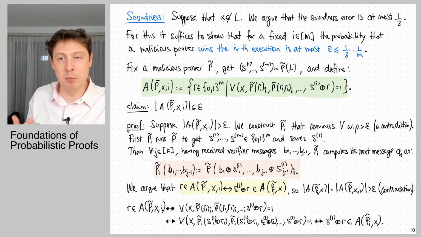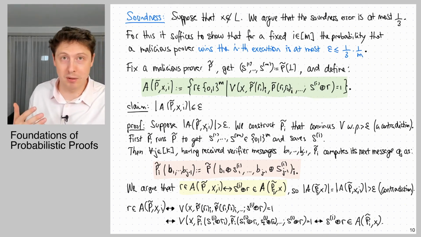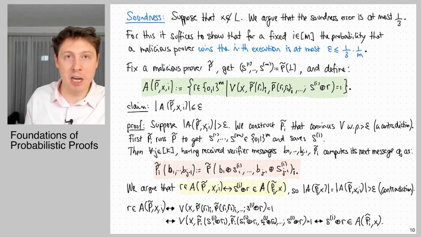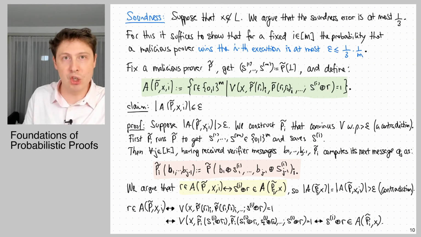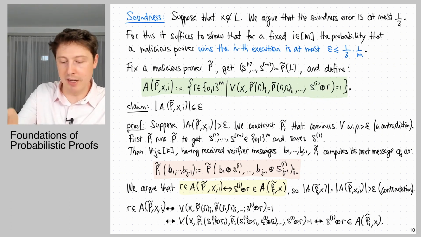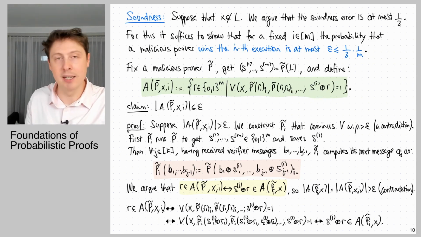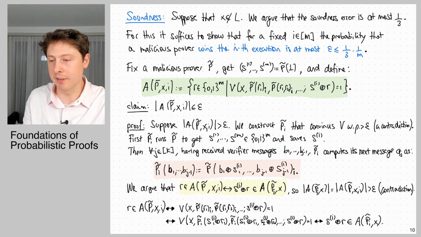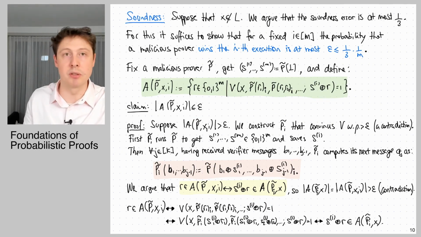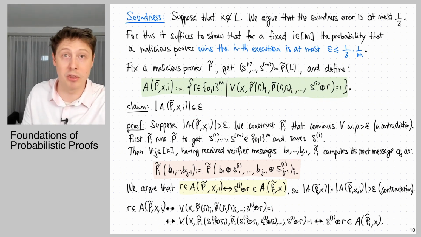And to argue that the prover winning in the ith execution with noticeable probability means that he could have won by himself in just the original interactive proof if I just unshift things for him, okay? And this proves that once I unshifted that guy, he is a pretty good prover for the original interactive proof, which is a contradiction. So he could not have won the ith execution with high probability. And this tells me that winning any of the executions has probability at most 1/3.